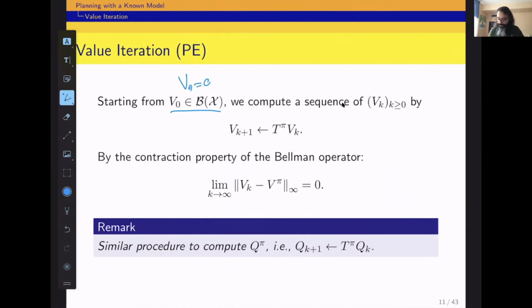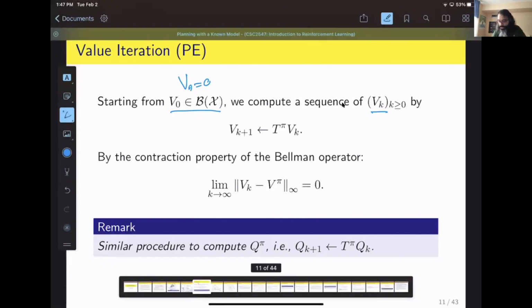Then we compute a sequence of VKs by iterative application of the Bellman operator for the policy. I take VK and apply T pi to it, which is: I add the reward plus gamma times the summation of P times VK in order to get VK plus 1. And when I have VK plus 1, I do it again and again so that I get a sequence.